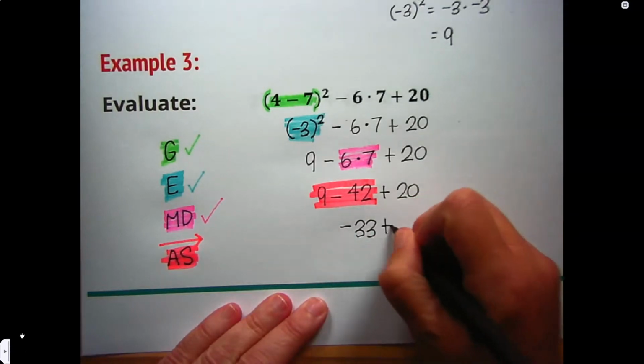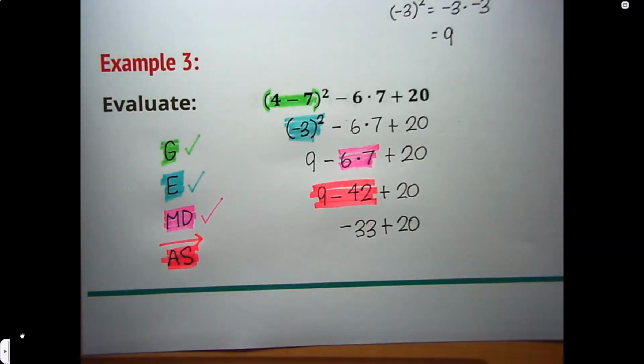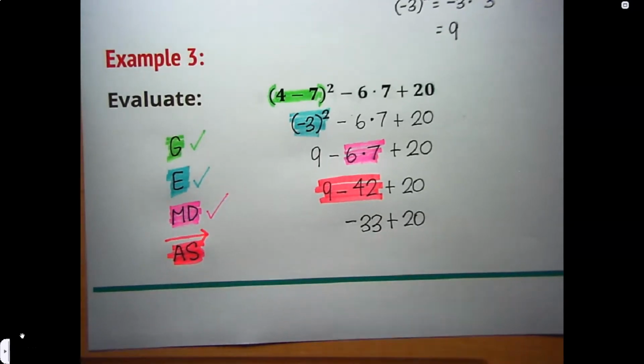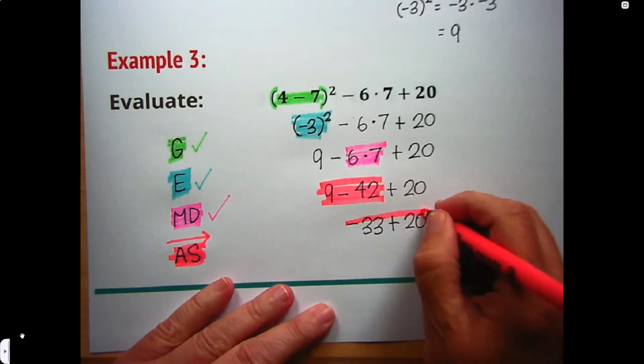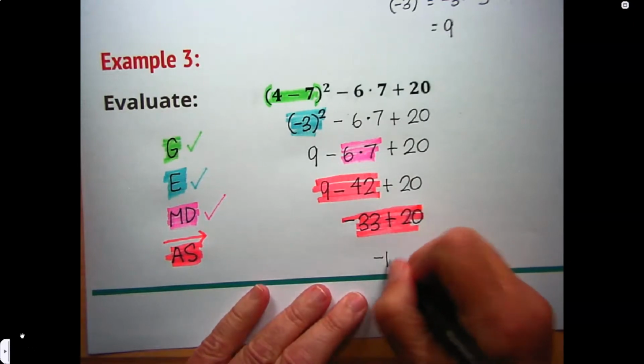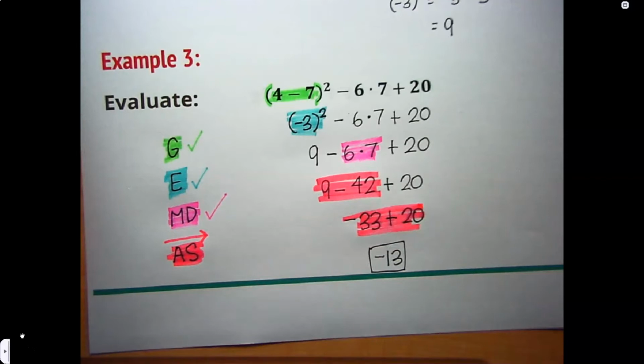And then I'll bring down my plus 20. Again, use your calculator to help with that adding and subtracting. I'm not done adding and subtracting because I still see adding over here. So to finish off this problem, I'm going to do negative 33 plus 20. And negative 33 plus 20 is a negative 13. So the value of this expression is negative 13. Step by step, one operation at a time.